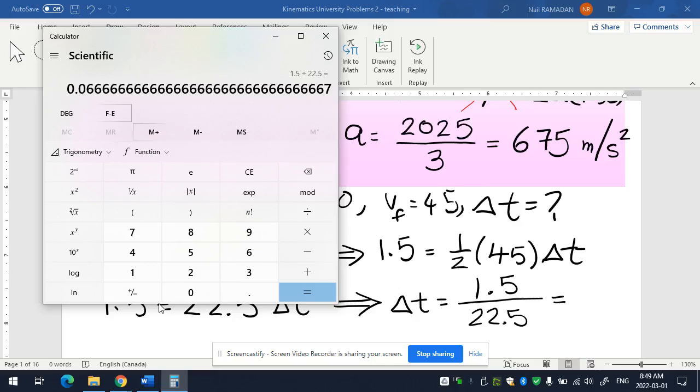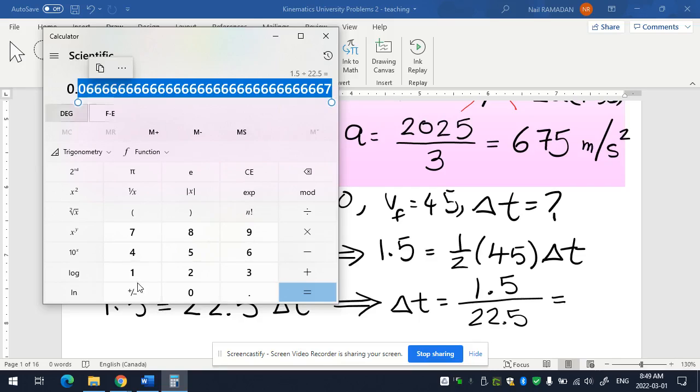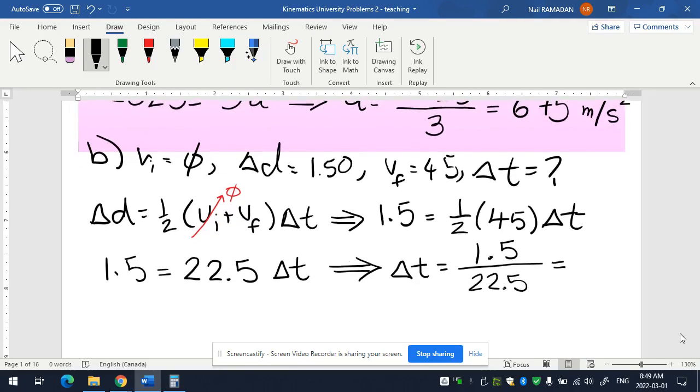So I have to keep 3 non-zero digits, which means 6, 6, 6, and I make my cut right here, which means 666, the number of the beast. What would that be? 667. Exactly. So honestly, you don't have to write in scientific notation. It is not so small that you need scientific notation. So 0.0667. Yes.